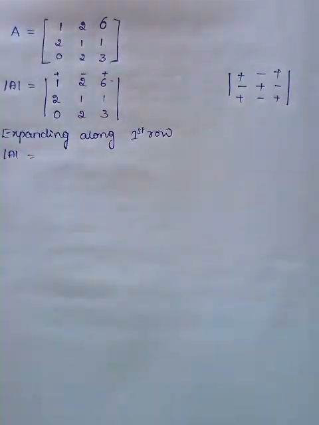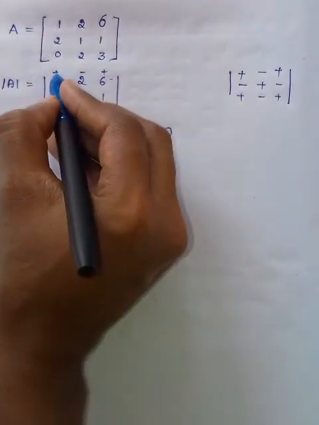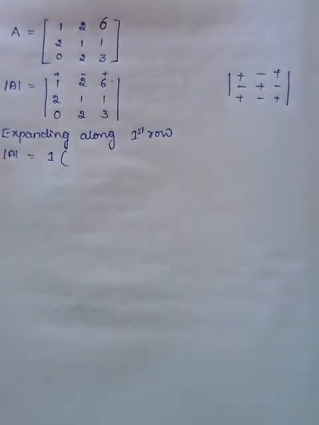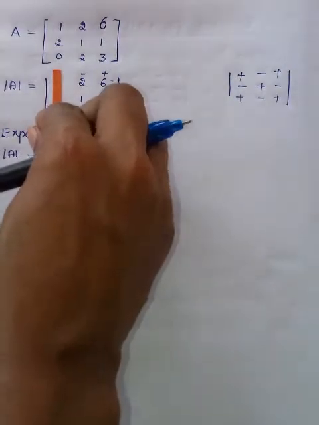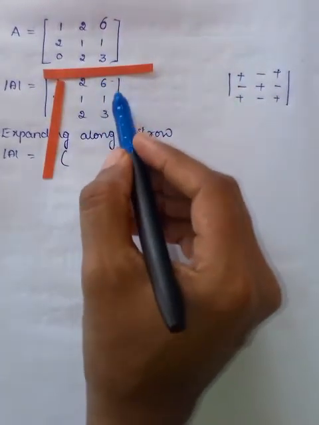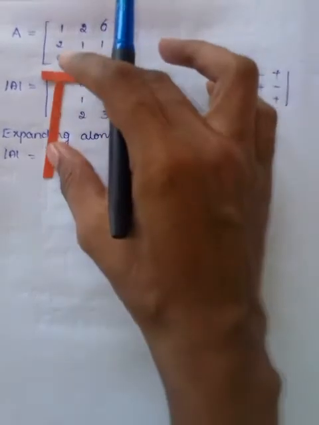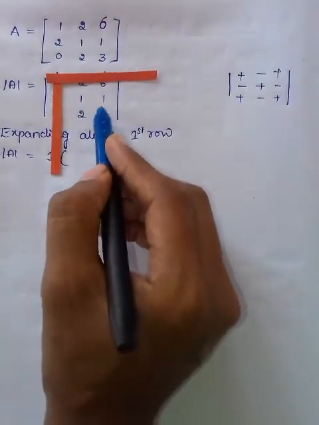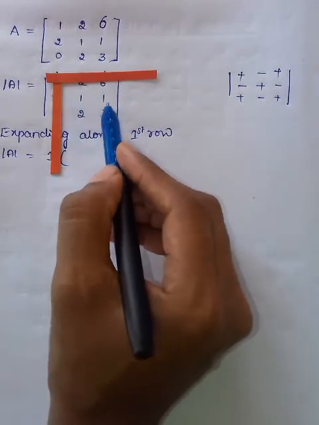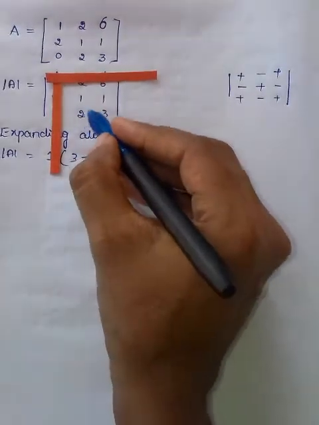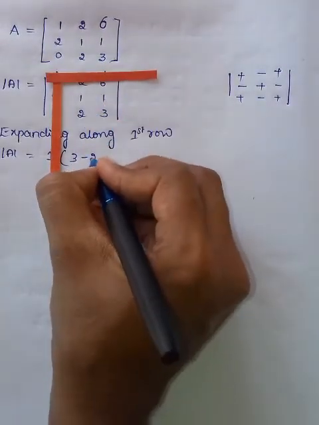Determinant of A is equal to, the sign here is plus, 1 into the determinant of order 2. Delete this row and this column, then take the determinant of this: 1 into 3 3 minus 2 into 1 2.